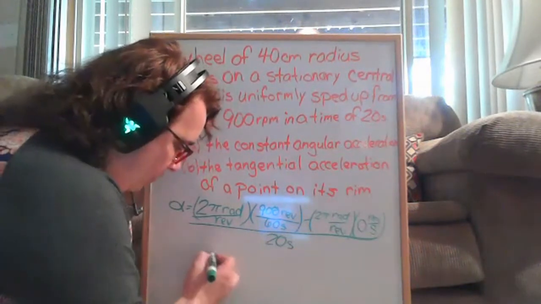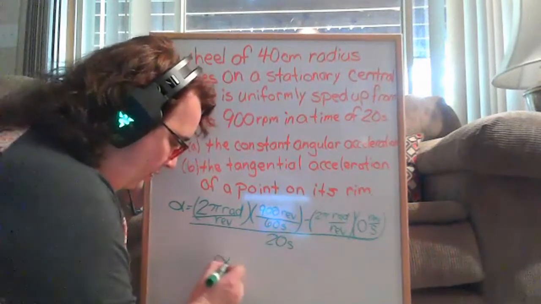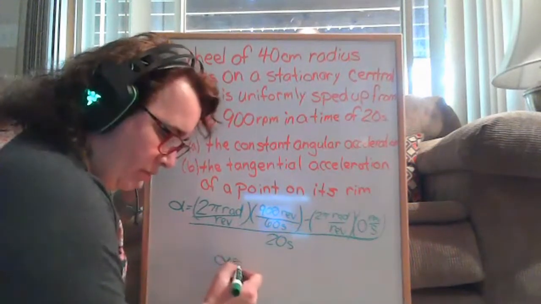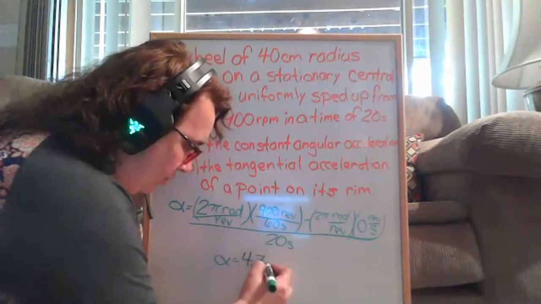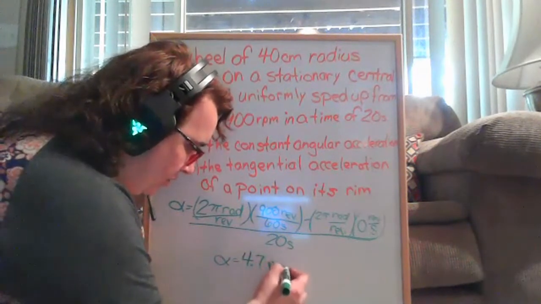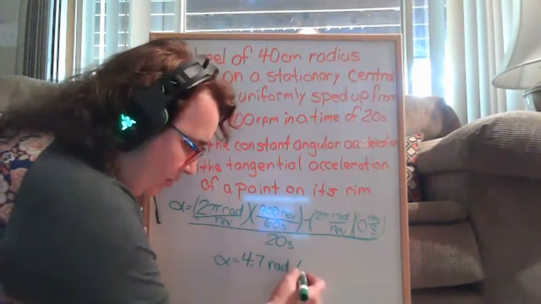So alpha is equal to 4.7 radians per second squared.